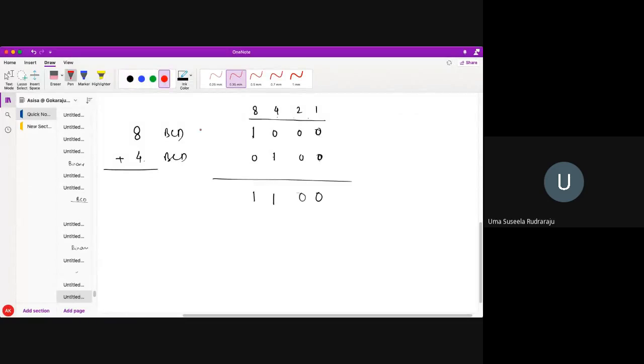What result did you get here, students? 1100. If you add this, 1100 is 8 plus 4, which is 12. So the result is 12. Am I correct? Now tell me, is 12 greater than 9? Yes. So we can say that whatever result we have got, it is an invalid BCD. So we need certain correction.